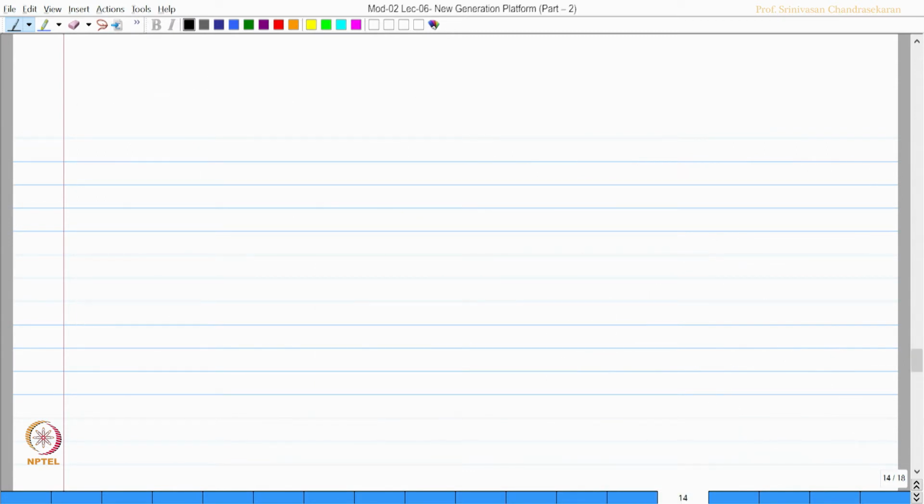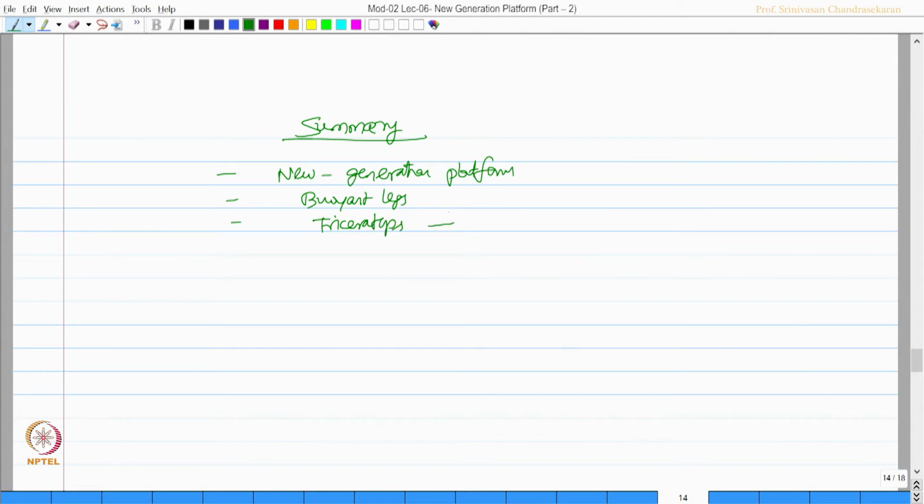So, friends, let us quickly write down the summary of what we have learned in this lecture. This lecture focused on a new generation platform, the concept was conceived from an idea called buoyant legs, which was assembled to form a triceratops which is suitable for deep and ultra deep waters.